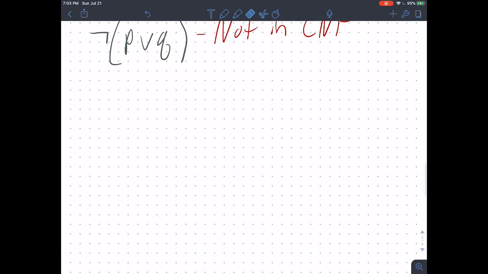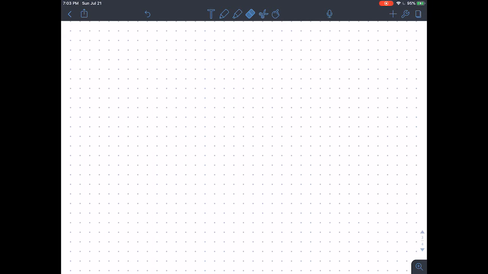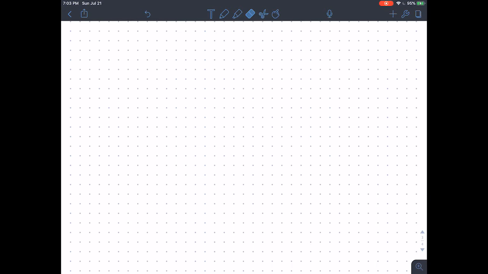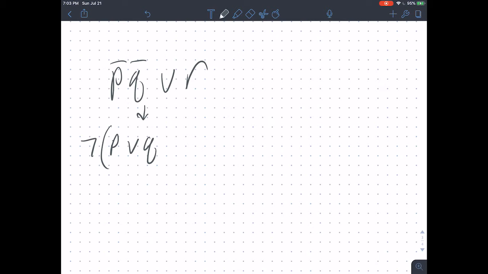But it's important strategically, right? To do the reverse of something I just showed you, if you have something like not P and not Q or R, you want to make sure that you never use the rules to bring the negation signs outward. So if you go from that to this by applying De Morgan's law, this is not the way to go.